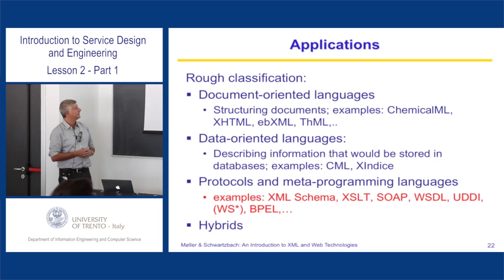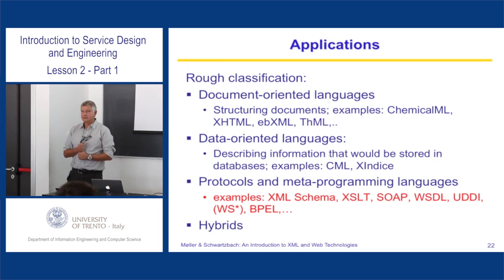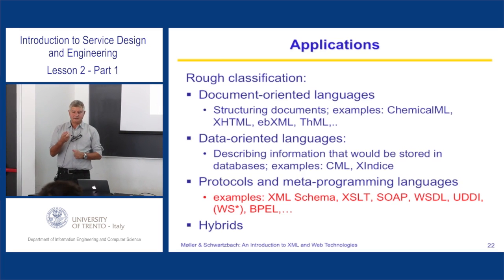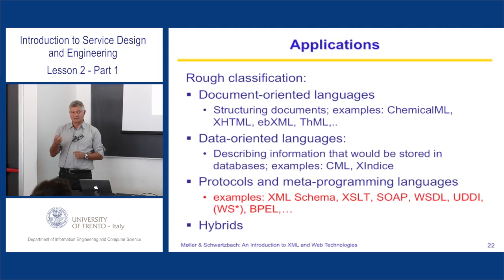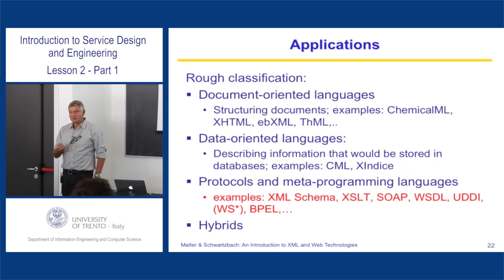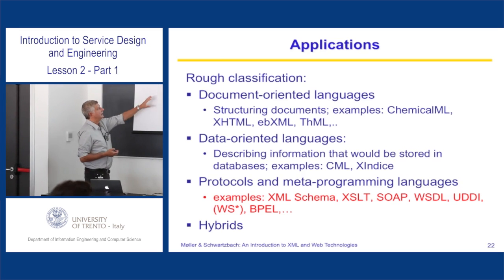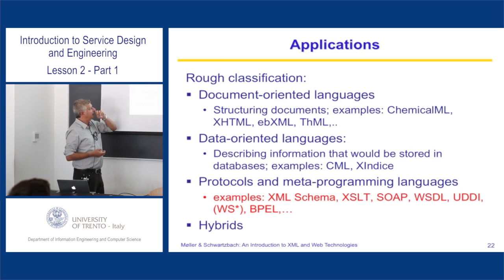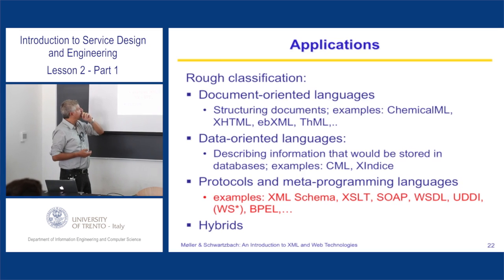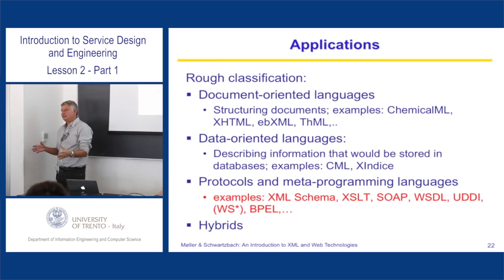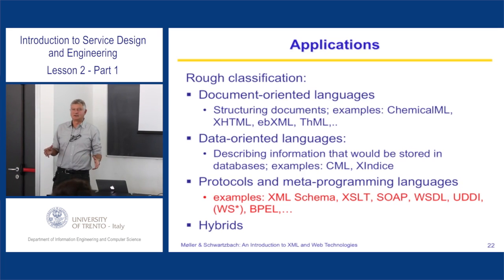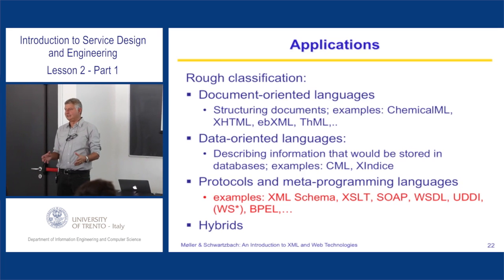Interestingly enough, the simple idea of having a markup language which is extensible and well formed has been used even in some unpredicted ways. And the two that I'm mentioning here are, first, once you have a tree structure, the tree structure is a perfect structure for databases or for containing data.